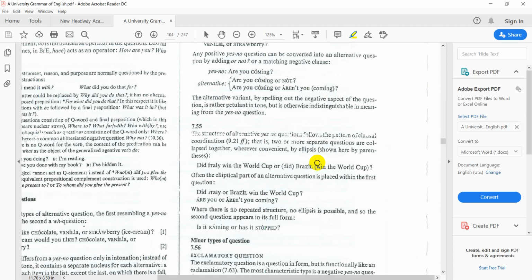Identical subjects. If I have coordinated clauses with identical subjects, so I have clauses that I combine, they are coordinated, linked together, and there are identical subjects between them, the same subjects, then these identical subjects are ellipsed. For example, Peter ate a cheese sandwich, and Peter drank a glass of beer.